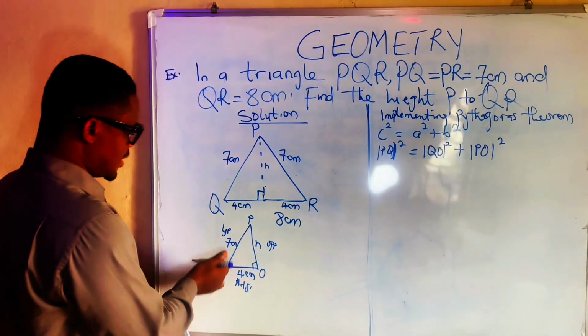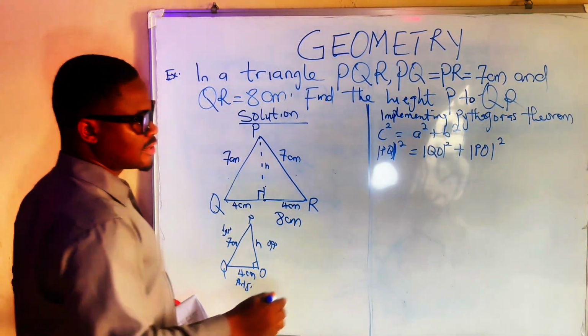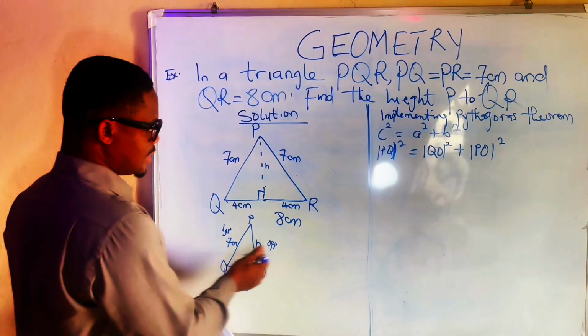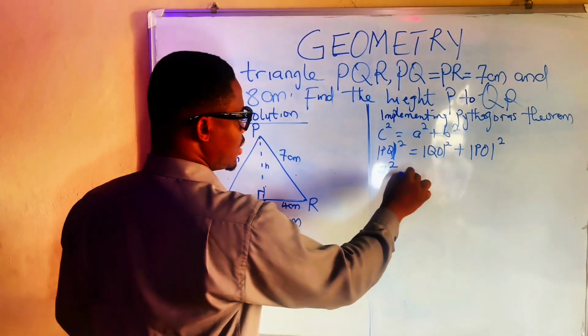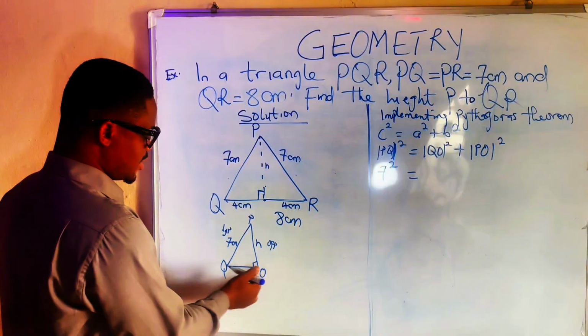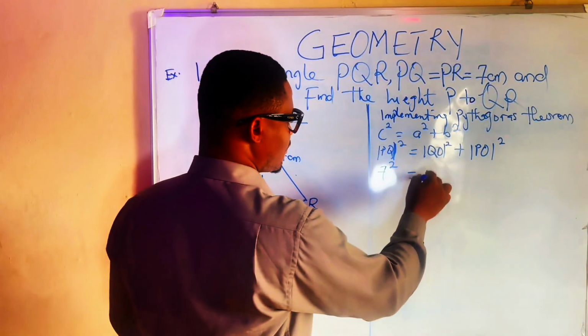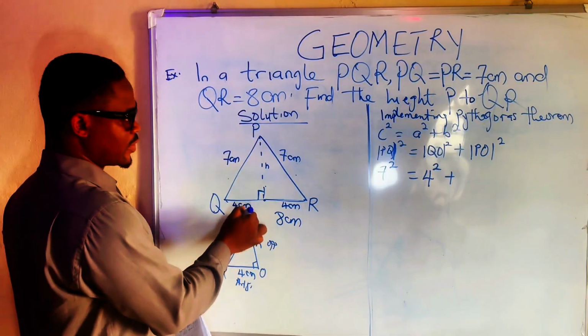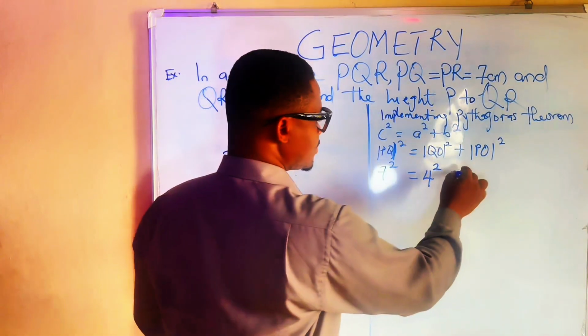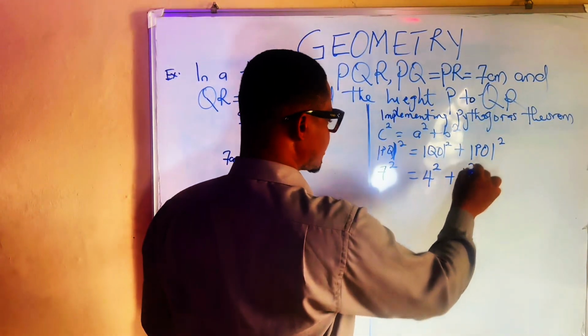So this side, which is the hypotenuse, in this case is 7 cm. So we have 7 squared equals, from here to here is 4 cm, so we have 4 squared plus, this is the height that we are looking for, we can represent it as h squared.